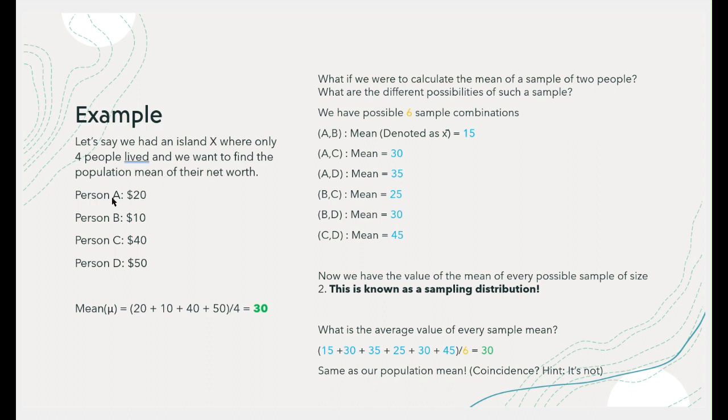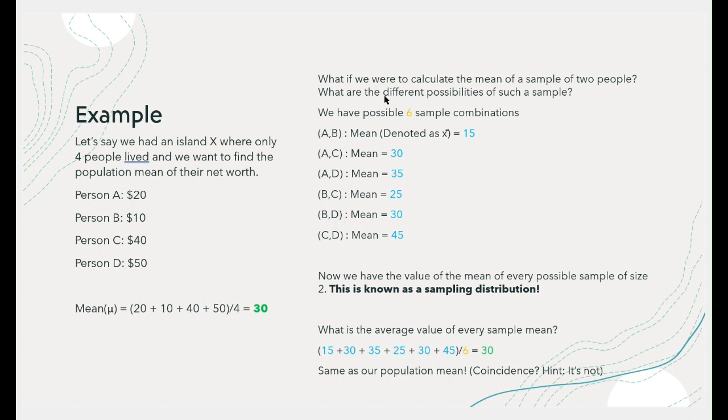I made a very simple example of a population of just 4 people, so we can quickly work out the population mean and know exactly what it is. That works out to 30, right? We add all the numbers, divide by 4, and we get 30.